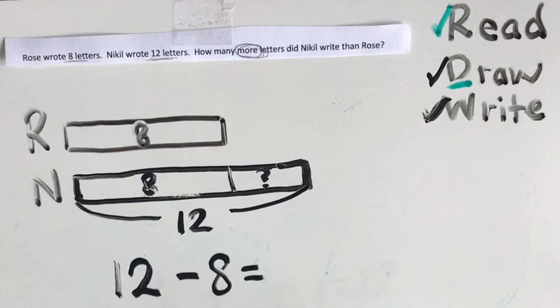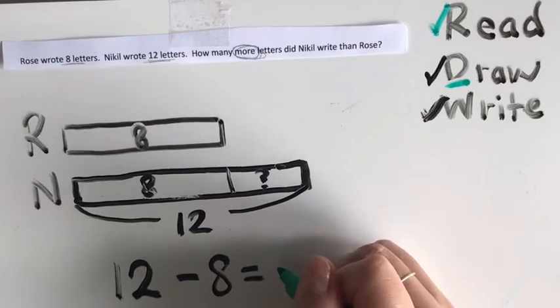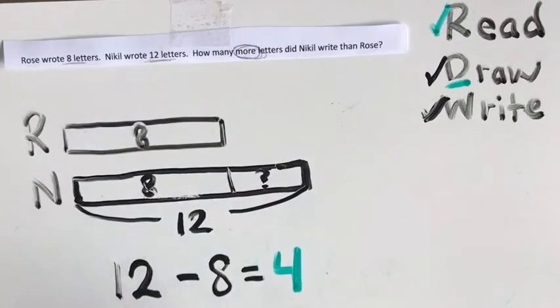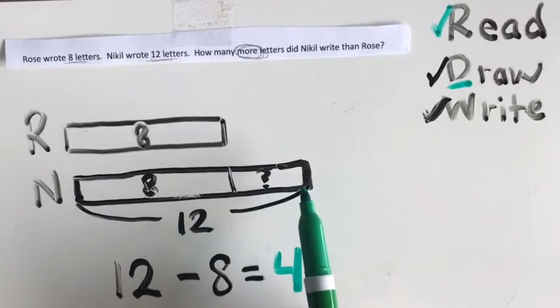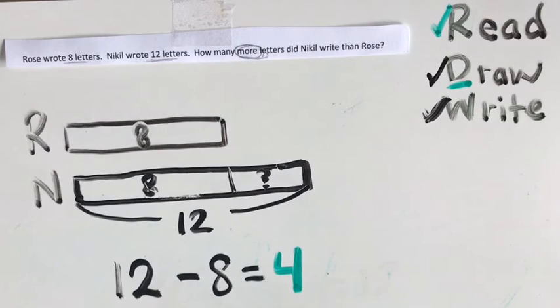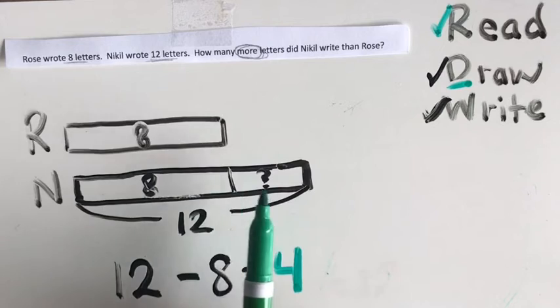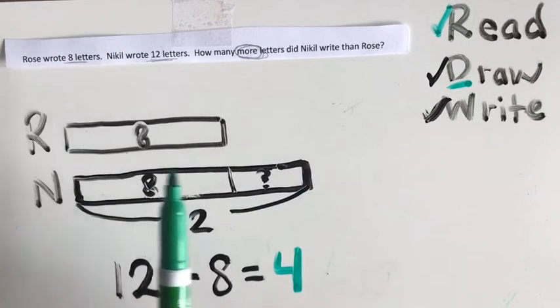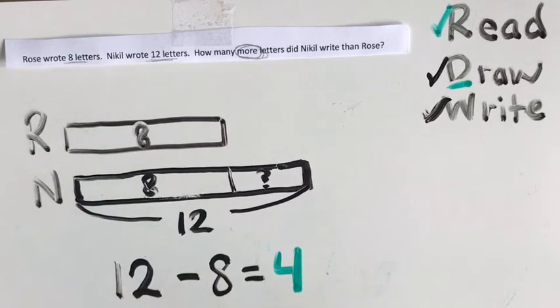If you know the answer, go ahead and shout it out. Yeah, the answer is 4. That is the missing part, the unknown. There were 8 letters that she had written first, and she wrote 4 more than Rose.